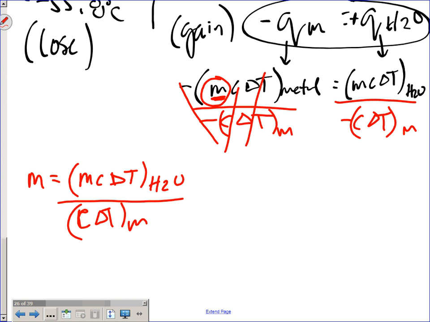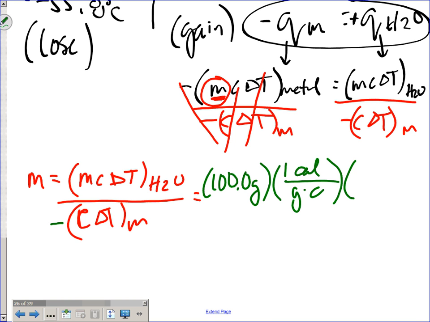And so that's why our data chart being very organized is pretty important here. So what's our mass right here? Sorry, there's an imaginary negative there. I didn't bring it with me. What's the mass of the water? 100 grams. Okay. C of water? 1 calorie per gram degree C. Temperature change of water?